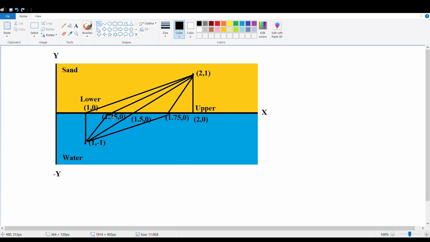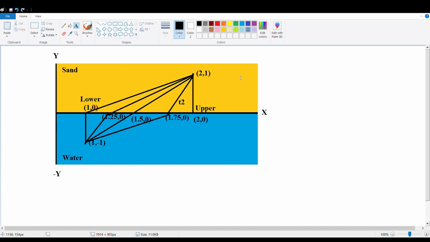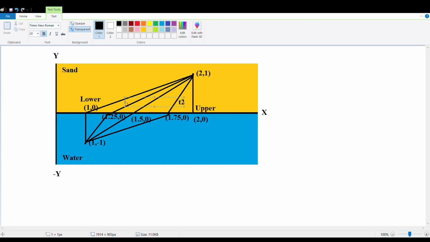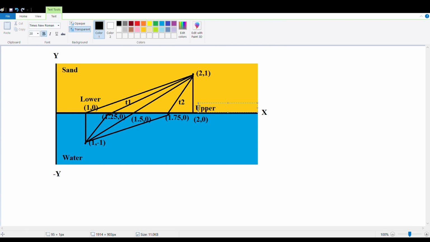Okay, now we'll check which one of them is greater. Right now I've said that the time that this point will consume is t2, and the time that this point will consume is t1. So if t2 is greater than t1, then what I'm going to do is shift my upper from 2 comma 0 to 1.5 comma 0.